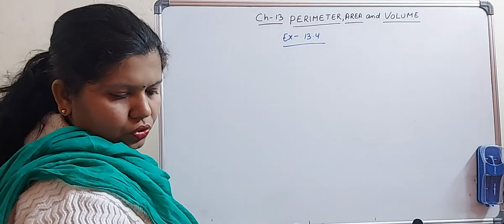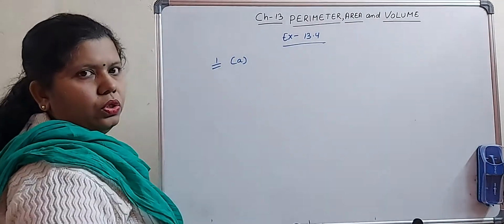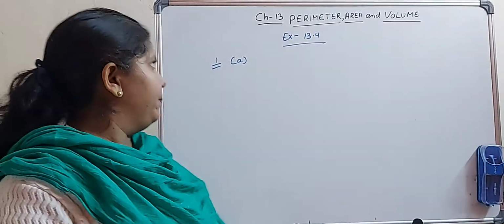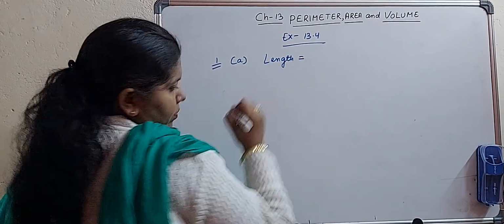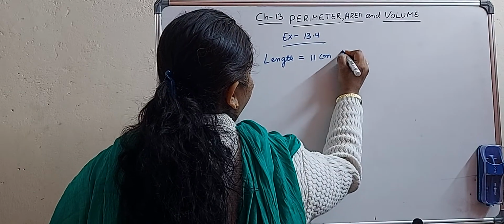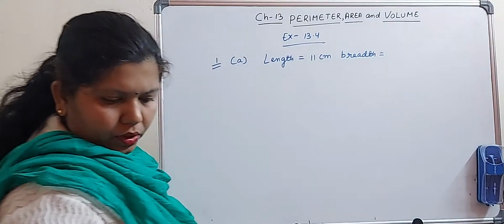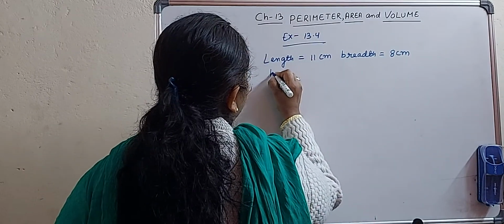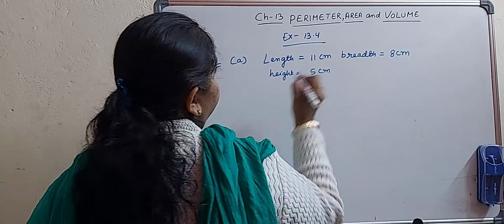Let us do the first question here. The first question asks you to find out the volume of a cuboid whose dimensions are length equal to 11 centimeter, breadth equal to 8 centimeter and height equal to 5 centimeter.